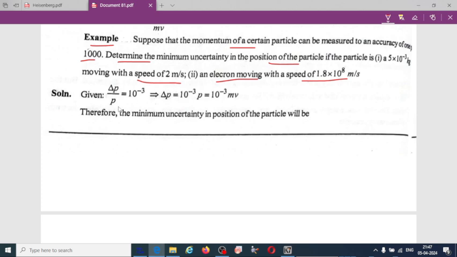According to the given question, they are asking to find the uncertainty in position. They have given the uncertainty in momentum: delta p by p is equal to how much? 10 to the power minus 3.